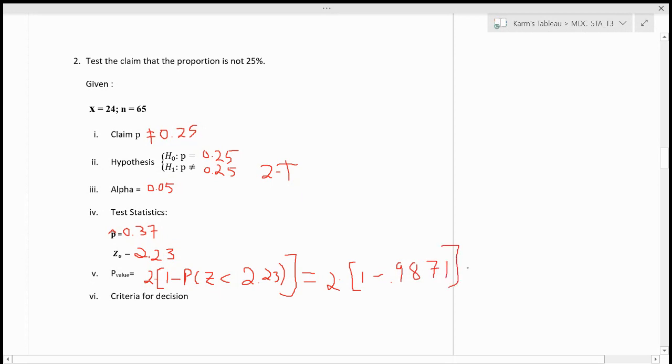So that's going to give you what? 2 times 1 minus 0.9871. That gives you 0.0129.